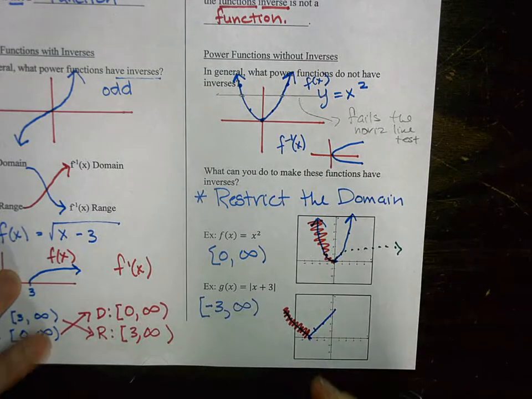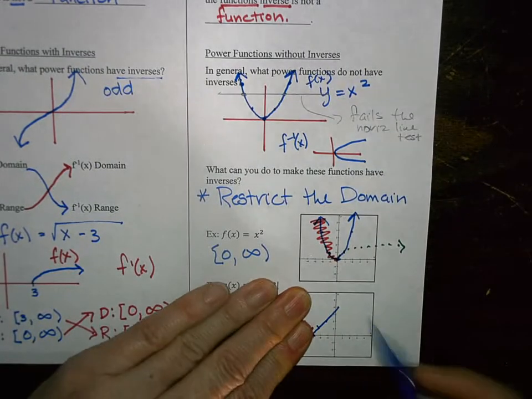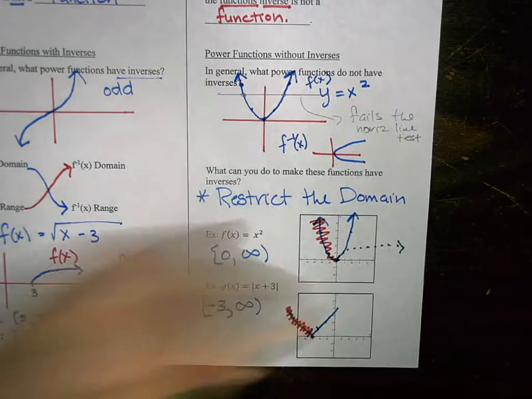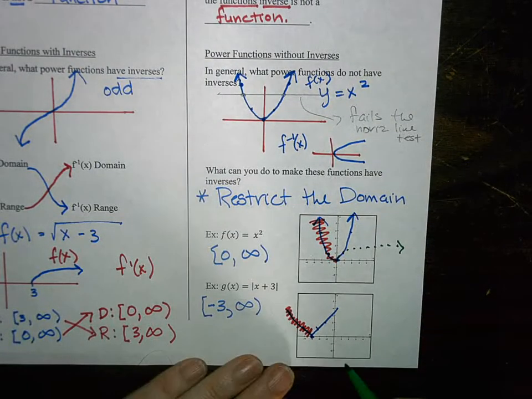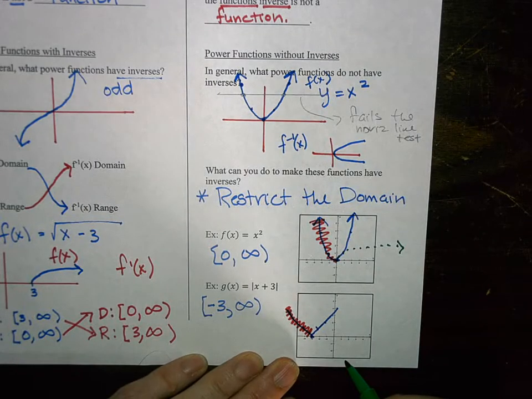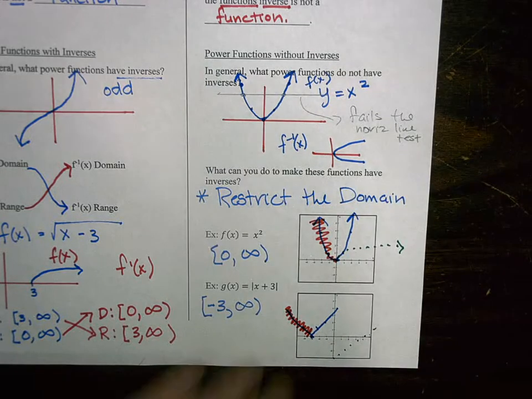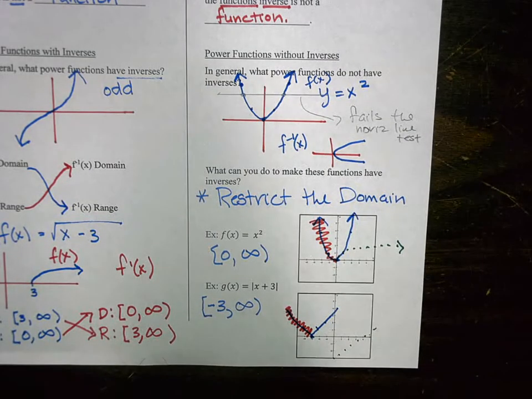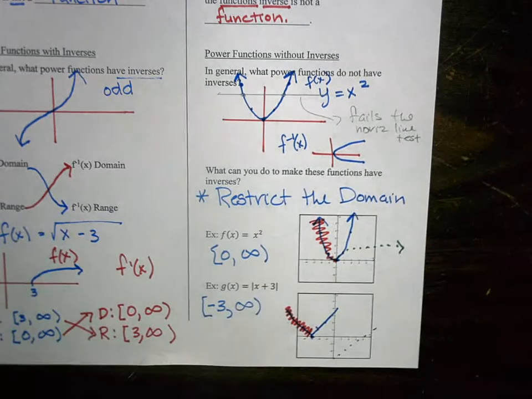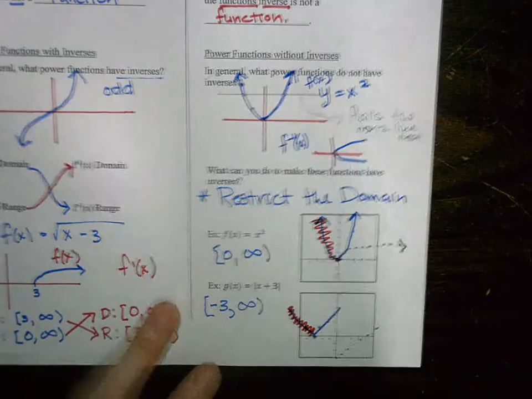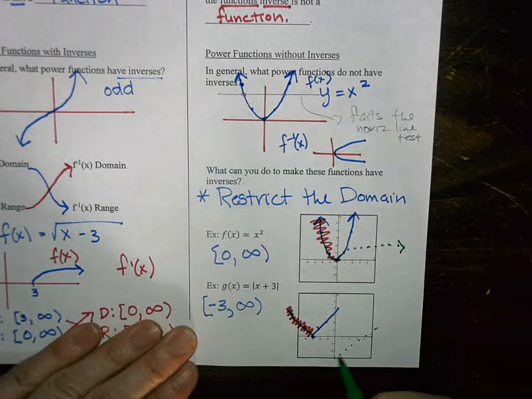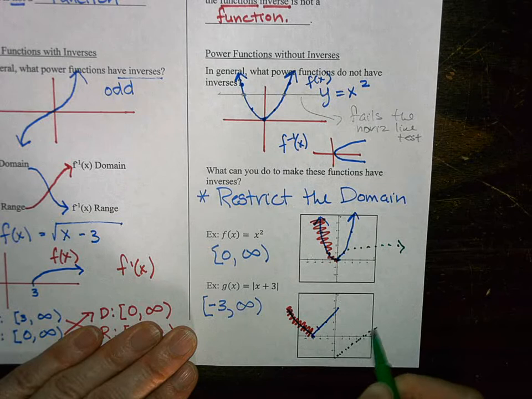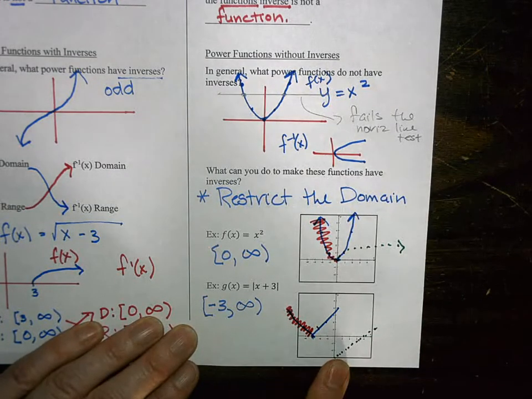I restrict the domain. Now when I flip it, okay, it's going to be like over here. And it will itself be a function. It's going to flip over the line y equals x. I see, I mirrored it. This is the inverse function.